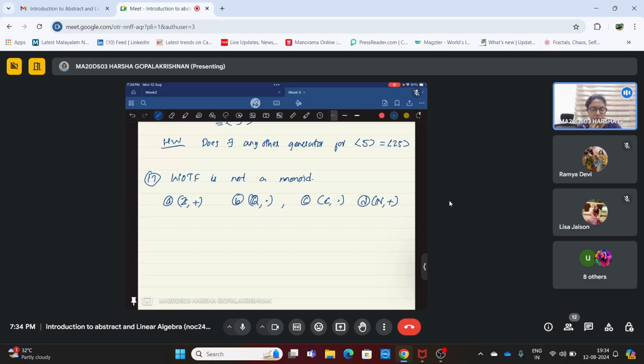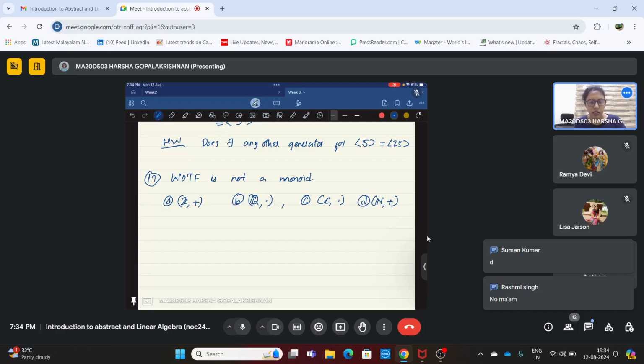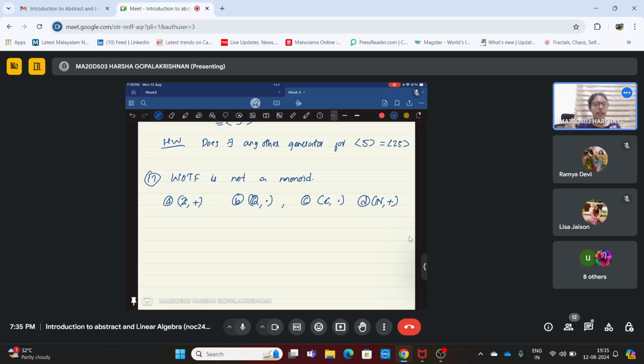Do you remember what a monoid is? First let me explain what a monoid is. A monoid is just weaker than the group condition. For a group we have the closure property, associativity, identity and inverse, correct?